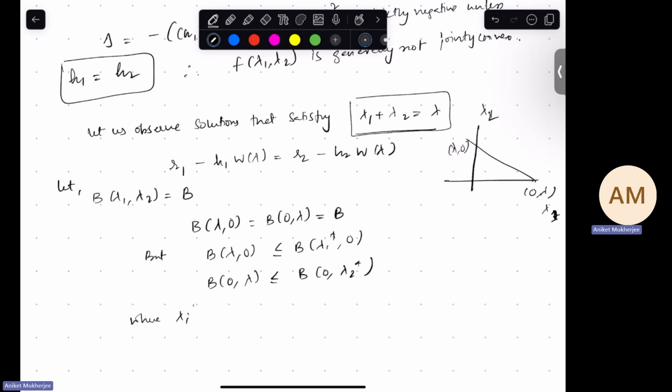Where lambda i star is the optimal flow allocation to class i when only class i receives positive flow.